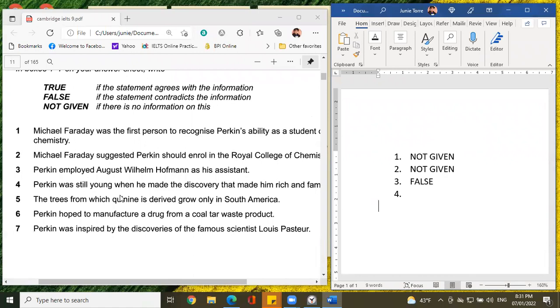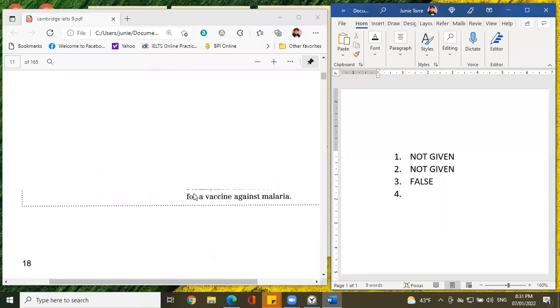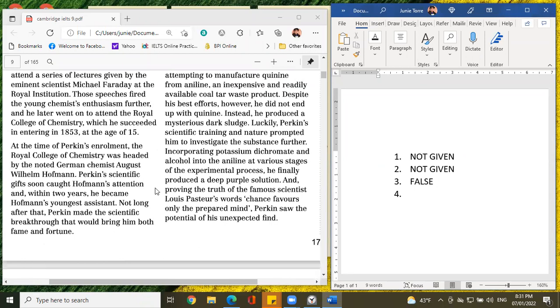Perkin was still young when he made the discovery that made him rich and famous. "Not long after that, Perkin made the scientific breakthrough that would bring him both fame and fortune." Okay, how old was he? Oh, he entered the College of Chemistry at the age of 15.